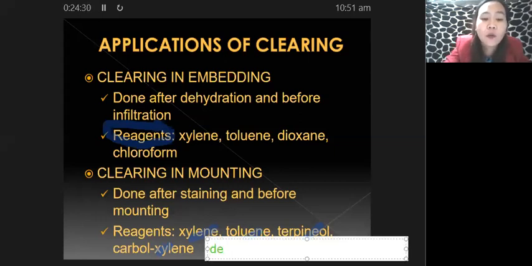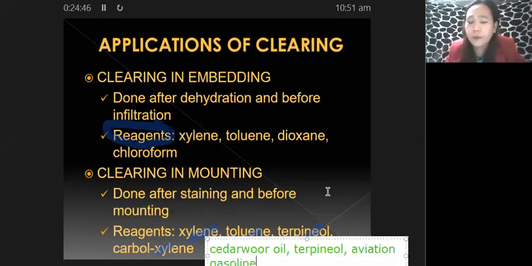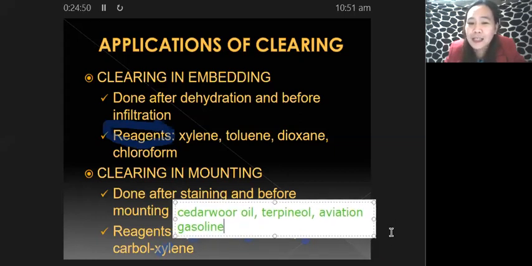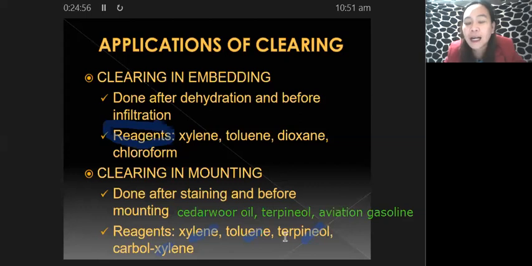We have your cedar wood oil, we have your terpineol, and aviation gasoline. When we say aviation gasoline, this is the gasoline that is used in airplanes, or in any aircraft for that matter. So these are additional reagents that you can use in clearing in mounting.